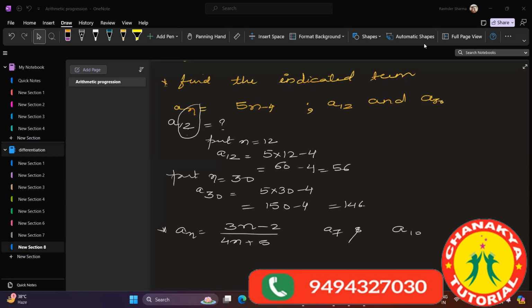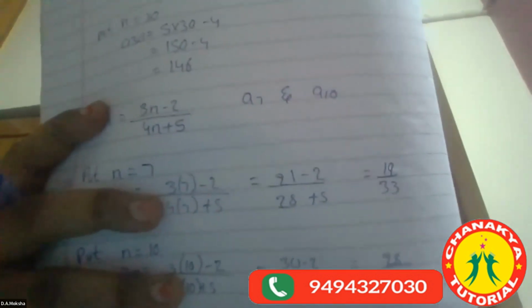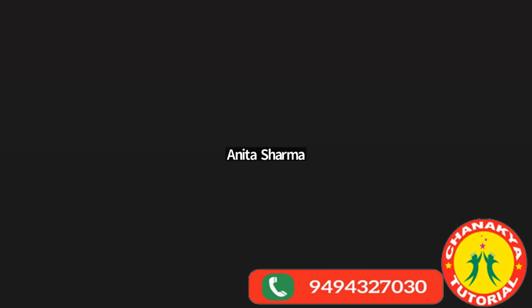Ma'am, and the second one is 28 by 35. Yes, good. Moksha, have you got the answer? Done, ma'am. Can I show, ma'am? Yes. Yes, good, Moksha.